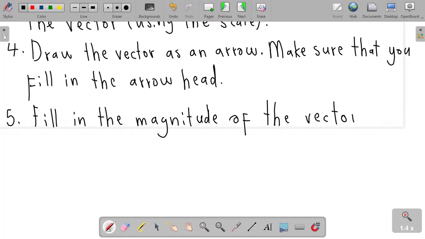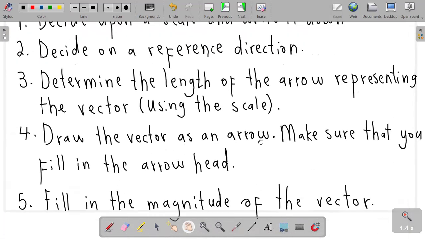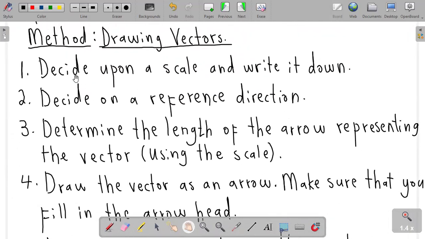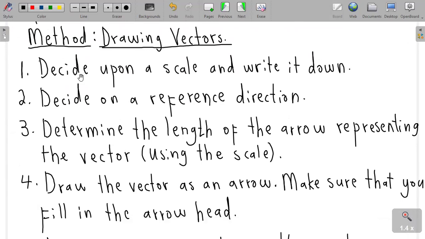So we're going to do an example here to show you how these things work. Let's just run down again. The first thing you do is decide upon a scale and write it down, the scale that you're going to use in that exercise.